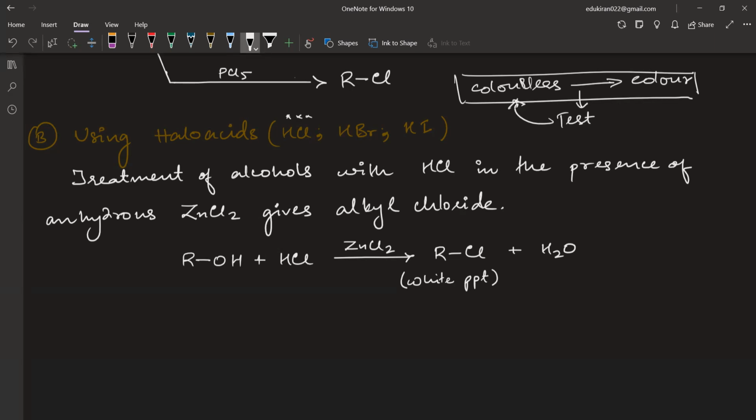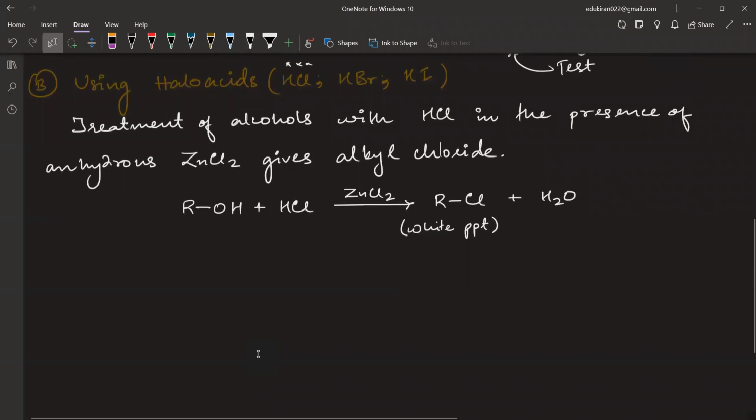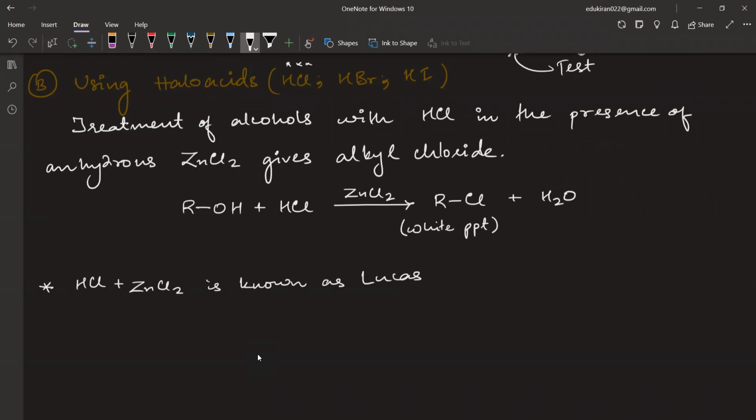That means I can use this reagent, HCl and ZnCl2, in order to identify the alcohol. So please write with me. HCl plus ZnCl2 is known as Lucas reagent.